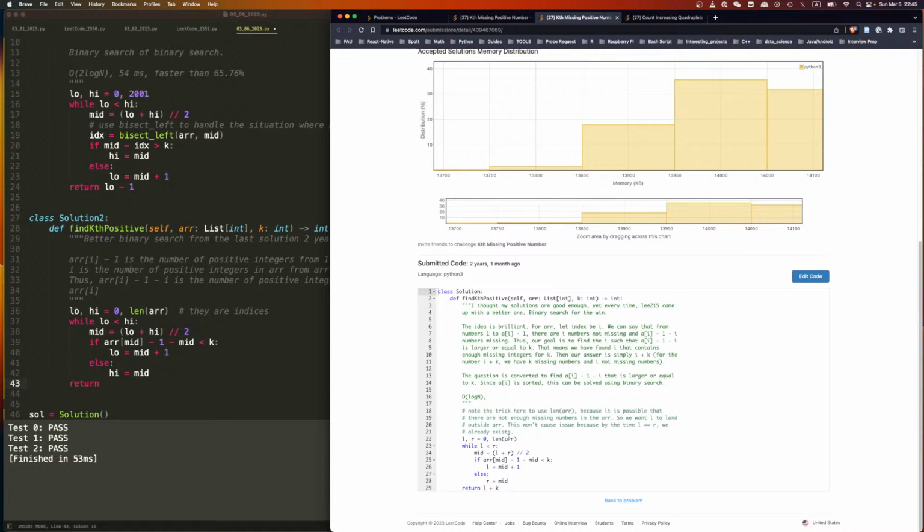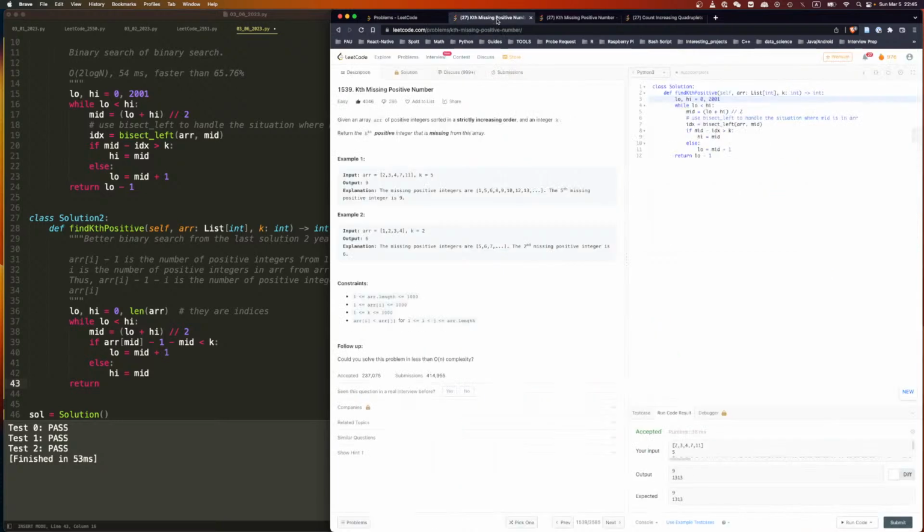So we want to find the case missing, right?